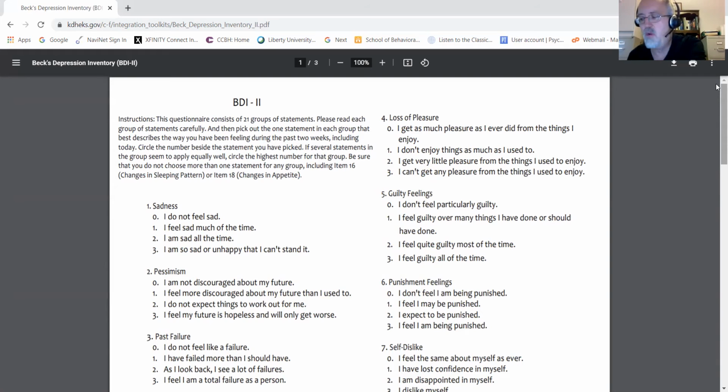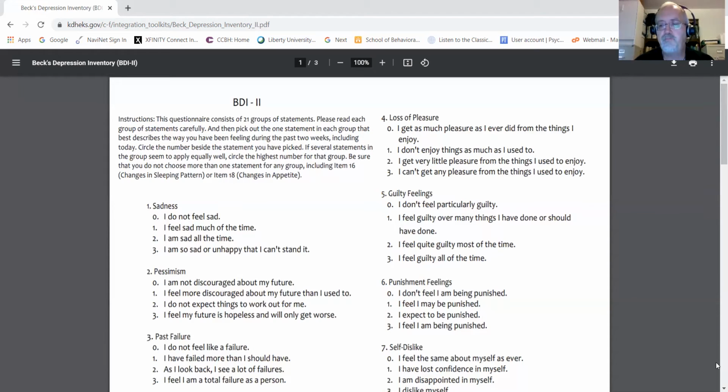Each of these individuals was in a psychiatric facility, and the depressed individuals were those in that facility for depressive diagnoses. They were compared to non-depressed psychiatric patients. From that, 21 items came up, and each of those items is ranked from 0 to 3 for severity.